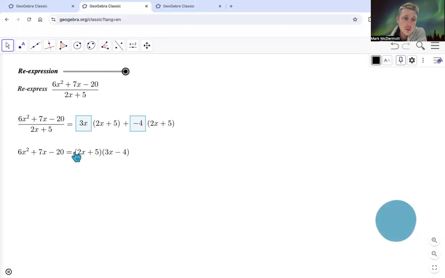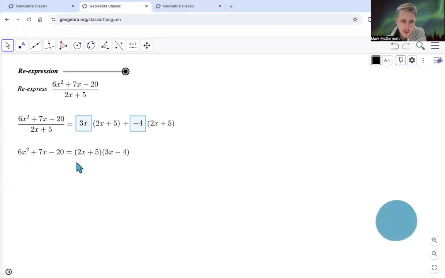So what we can do is write our final answer. We can say that 6x squared plus 7x minus 20 is equal to, well, let's look, 2x plus 5 is a common factor to both of these terms. There's one term, and here's the other term. 2x plus 5 comes out the front as a factor, and you're left with the coefficients. You're left with 3x minus 4.